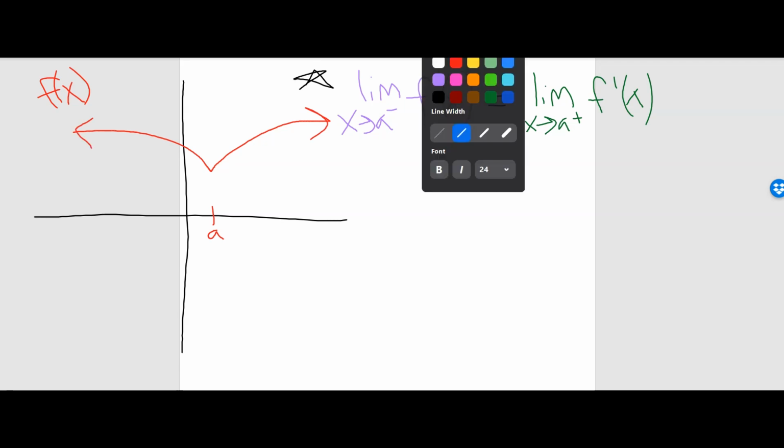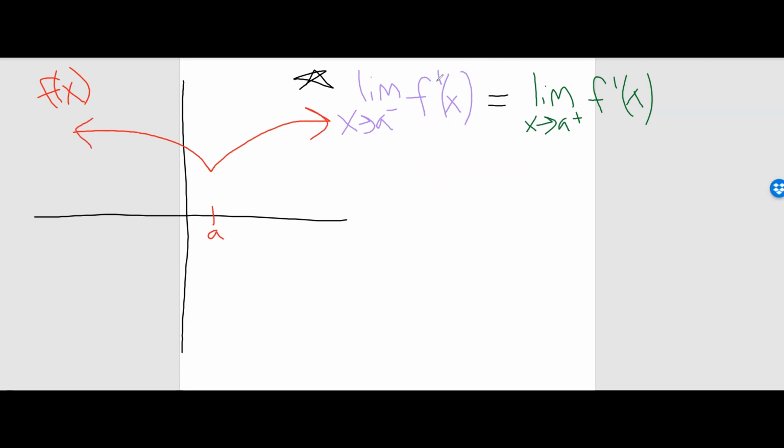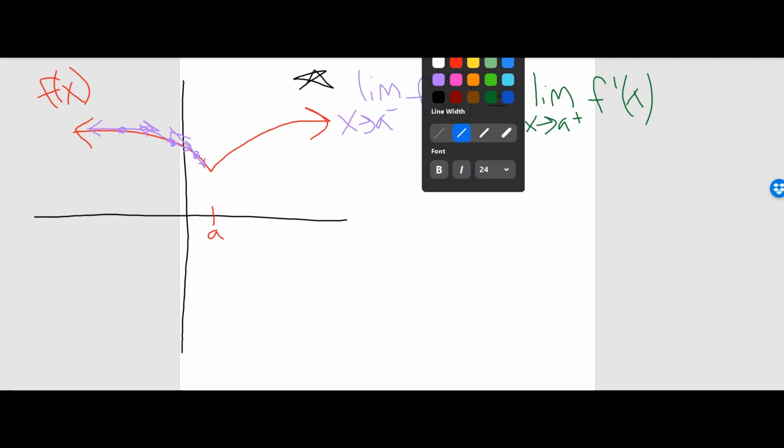As I approach x equals a from the left, my tangent lines start off negative, but they're not very negative. As I get closer and closer to that cusp, my tangent lines are getting more and more negative. So we don't know the exact number that they're approaching, but we just know that they're getting more and more negative.